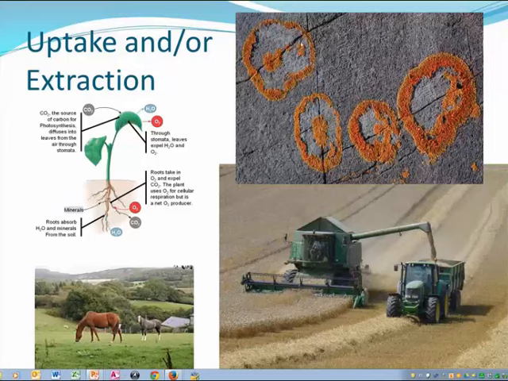Now here on this rock you can see a slightly different process, and this is where we have lichens that have grown into the crevices of the rock. The fungi and the bacteria in here are actually extracting elements directly from the rock.